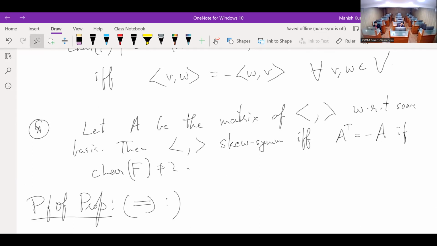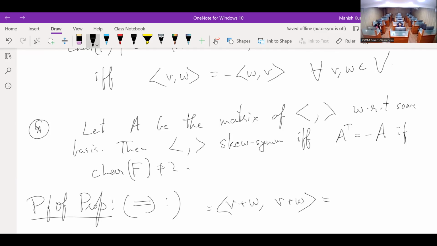The trick is that you look at the pairing of v plus w with itself. One direction holds always; the other direction requires the characteristic difference.